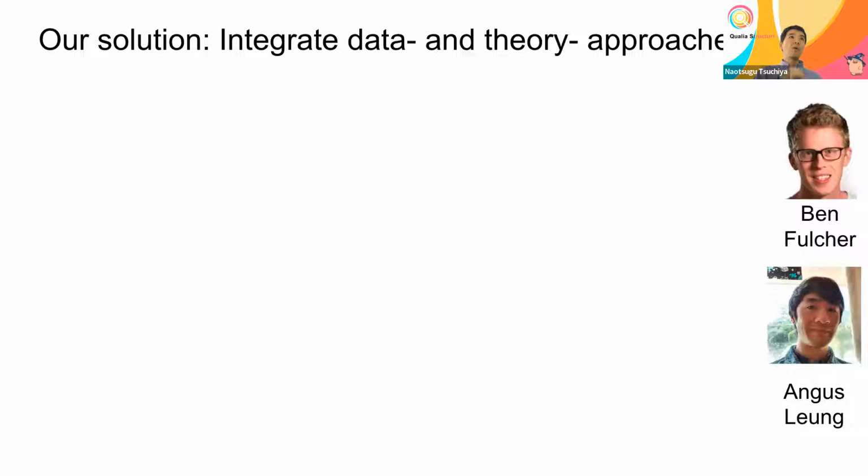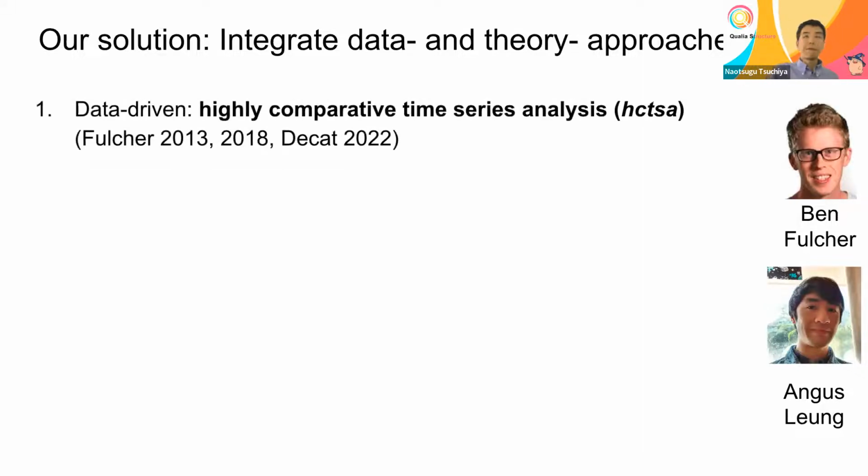So as a way to make progress forward, our solution is to integrate these data and theory approaches. This project has been promoted mainly by Ben Fulcher, my colleague at the University of Sydney, and also Angus Leung, a postdoc in my lab. The first component is a data-driven approach to make it really extensive.